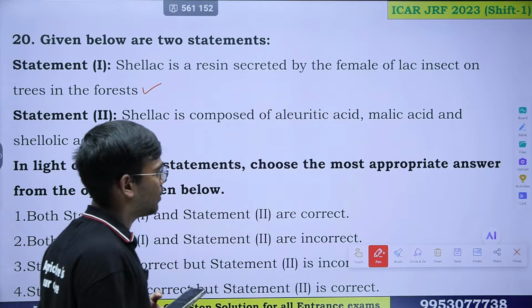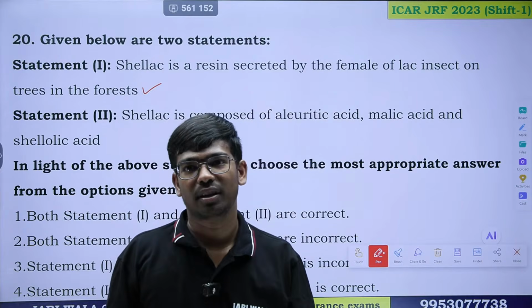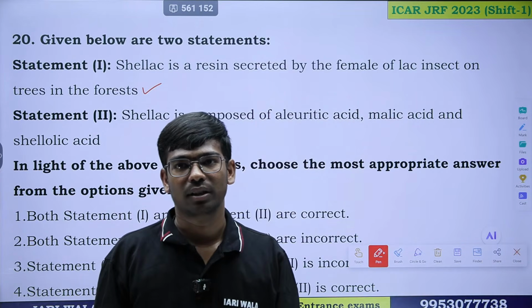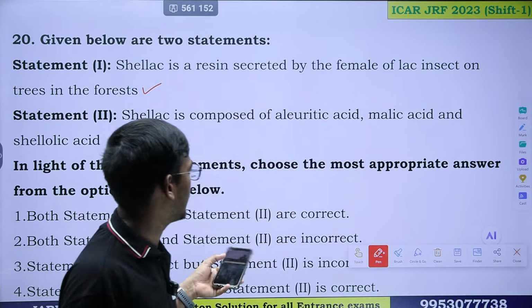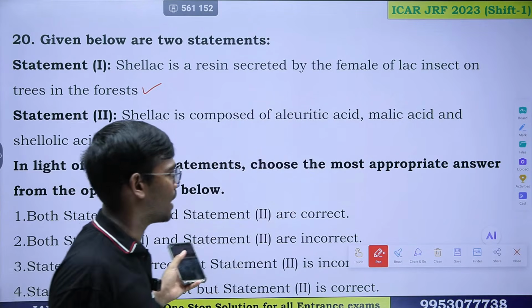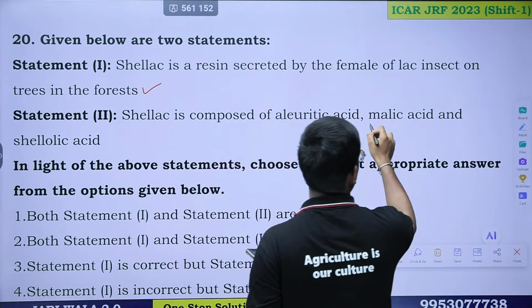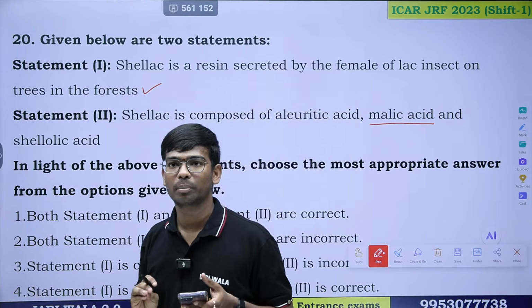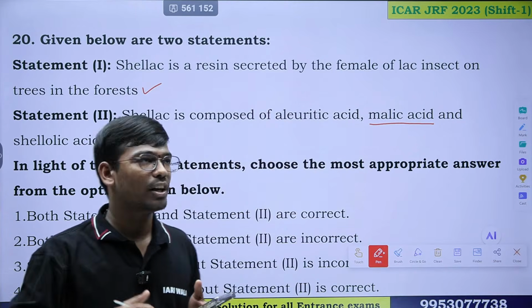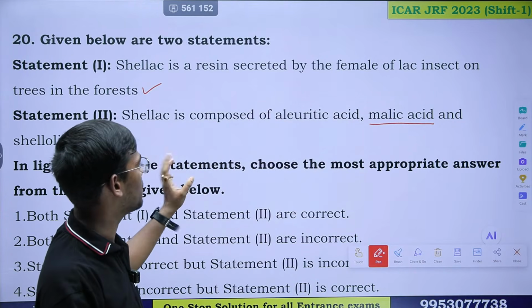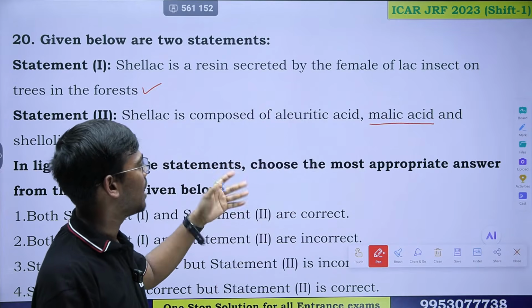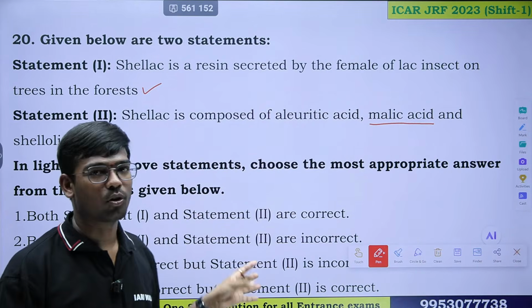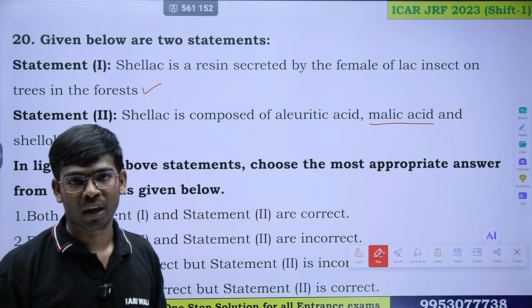So usually malic acid is present in apple or other fruits. So malic acid won't be present in shellac. Due to this single acid, this statement goes wrong. So you need to read very carefully. Usually students see that shellac is composed of aluritic acid, malic acid, and shelloic acid and go for both statements being correct, but it's not.